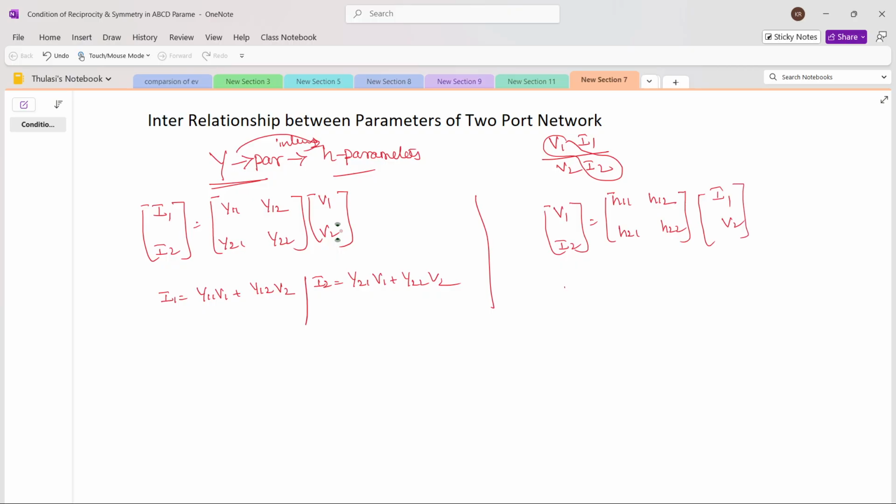Therefore, the equation of V1 is equal to H11 I1 plus H12 V2, one set of equation, and the second equation I2 is equal to H21 I1 plus H22 V2.